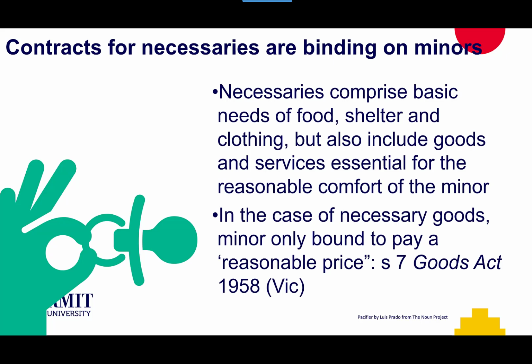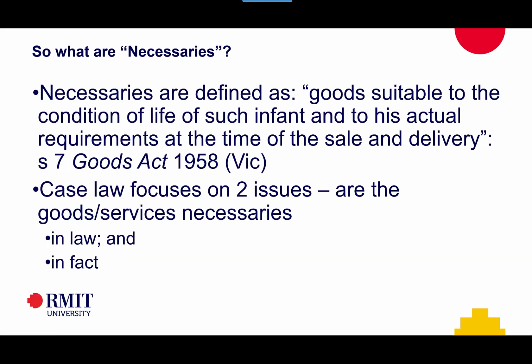Part of the statutory solution is saying if it's necessary, you'll be held to it, but if you've been charged an unreasonable price, you'll only be required to pay a reasonable price. So it's one of the few areas where the courts will look in to see whether or not price is adequate or appropriate, where generally consideration just needs to be sufficient, it doesn't need to be adequate.